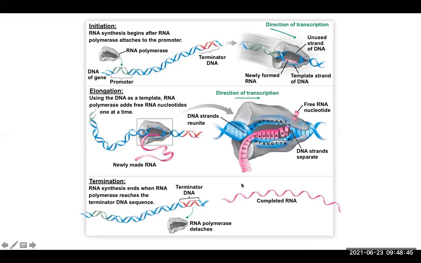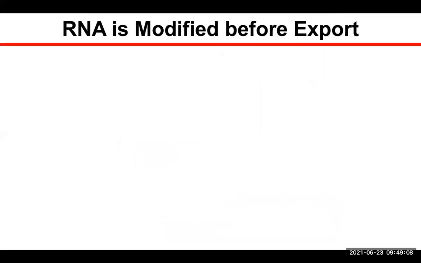At the end of the DNA sequence, there is a sequence that encodes for the termination, or the ending of the process. The RNA polymerase will be able to recognize this sequence and determine that the synthesis is done, and then it detaches.